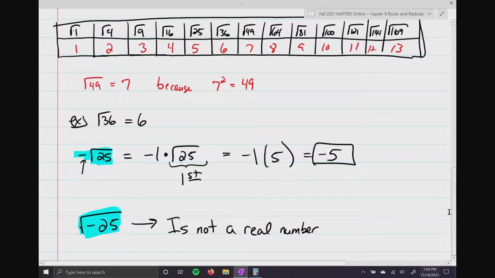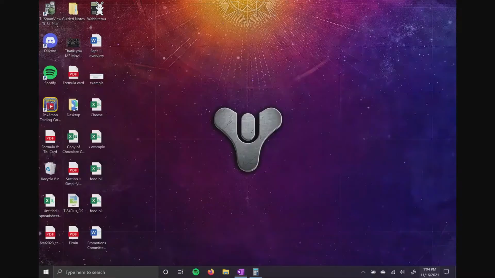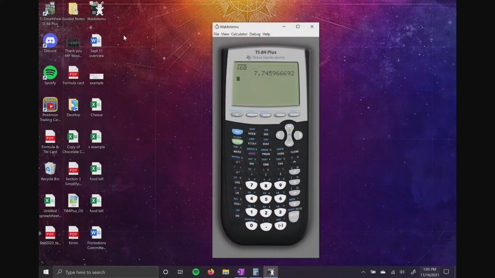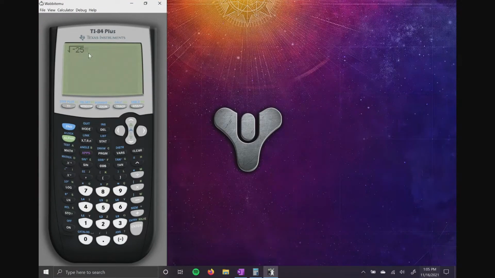Let me see if I can get my calculator here. Here you are. Notice when I type in the square root of negative 25, hopefully you can see this on your screen.